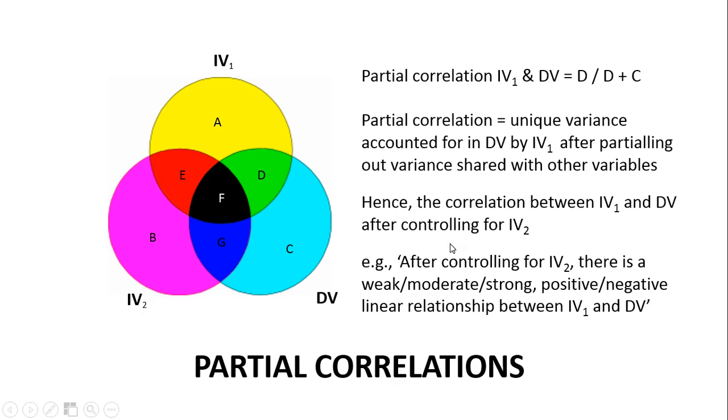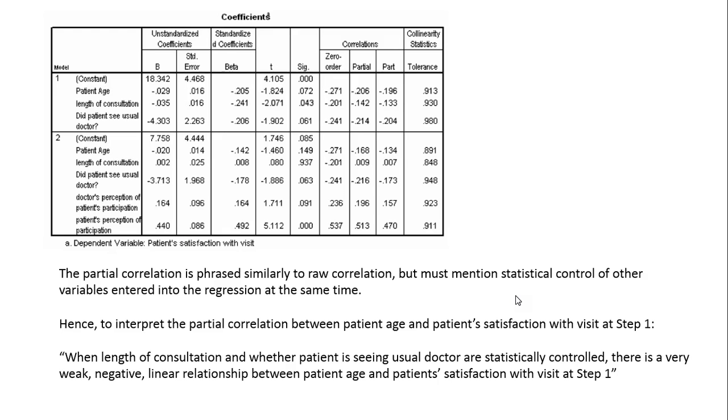So I'll just give you an example. Here you can see the sentence that you would use is "after controlling for". It's the same as for the raw correlation, but you just start out by mentioning that you're controlling for other variables. So after controlling for IV2, there is a weak, moderate or strong, positive or negative linear relationship between IV1 and the DV. So here's an example going back to patient age.